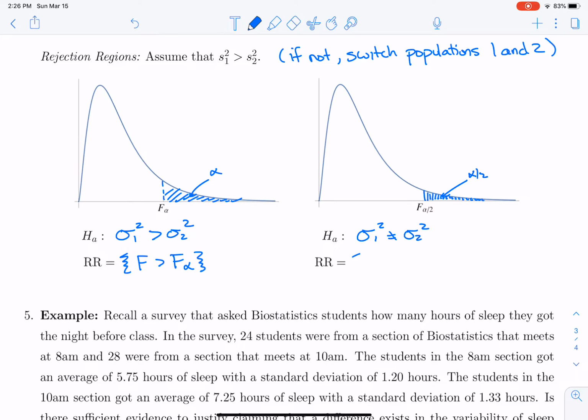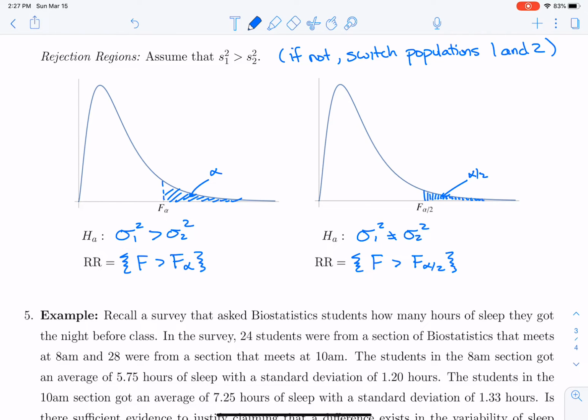And we will have the rejection region of F greater than F sub alpha over 2. So that's how the rejection regions are defined for the one-sided and the two-sided alternatives.